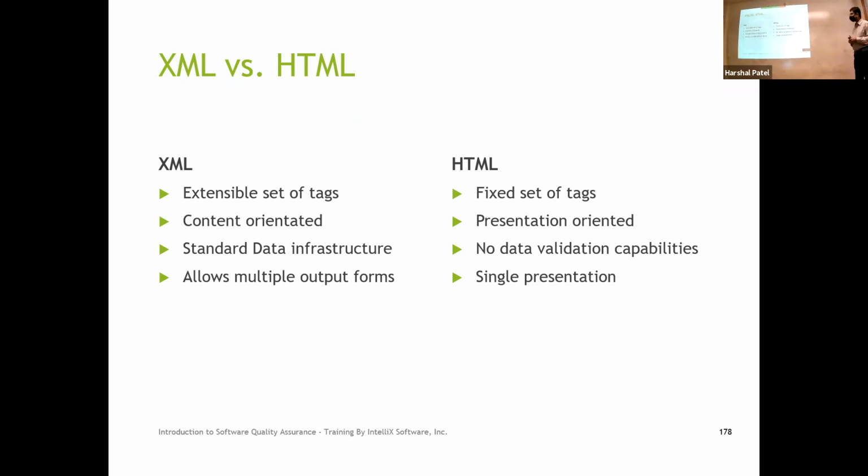Okay. HTML is mainly used for presentation, as we talked about, right? Because it's telling the browser, display this in this format and do this and do that. Versus XML is primarily content oriented. In other words, here are the pieces of data I want to store. Here's how it's structured. Okay.